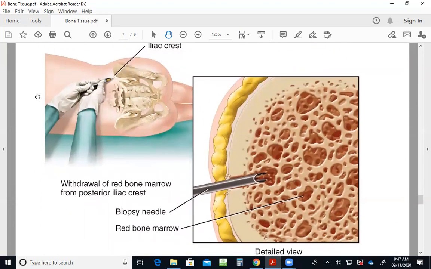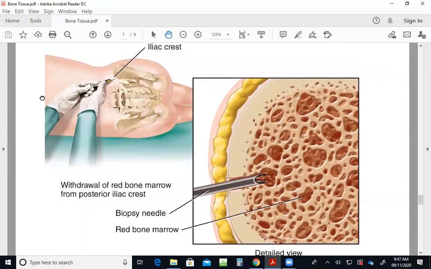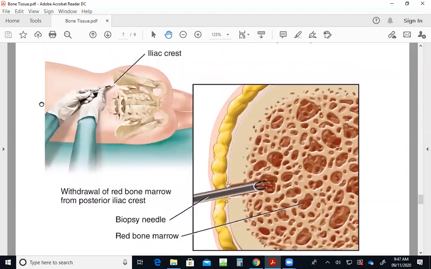In some drastic situations, a person may need a bone marrow transplant. And this is what it looks like for somebody that wants to donate bone marrow. The procedure involves a very heavy, thick needle that goes right into the interior of a hip bone.